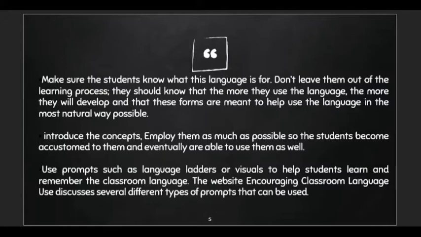Introduce the concept, employ them as much as possible so the students become accustomed to them and eventually are able to use them as well. Use prompts such as language ladders or visuals to help students learn and remember the classroom language. The website encouraging classroom language use discusses several different types of prompts that can be used.